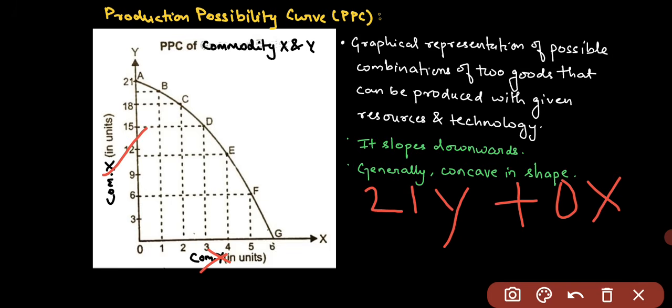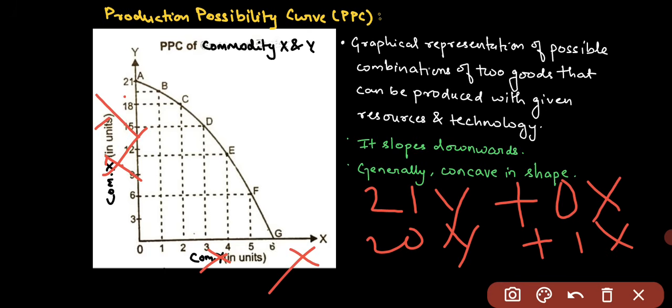And you see here the combination at this point is 20 units of Y plus 1 unit of X. Here we are taking Y, it is wrongly mentioned as X. This is commodity Y on the OY axis, and on the OX axis we are taking commodity X, right?